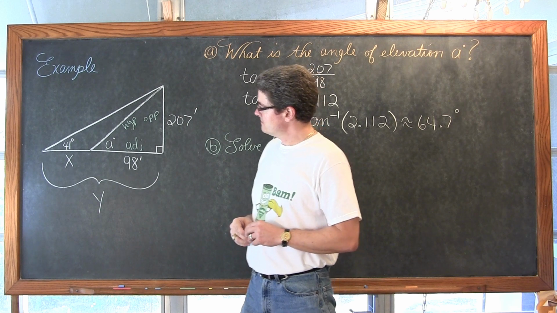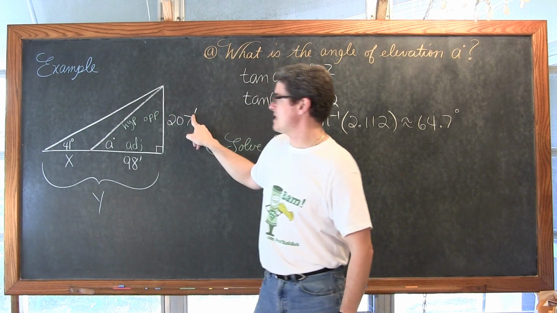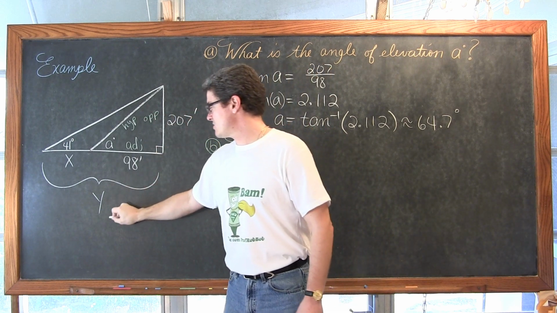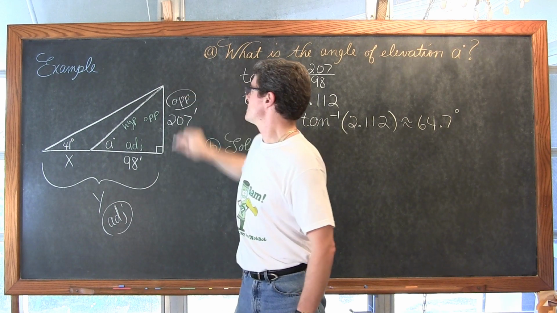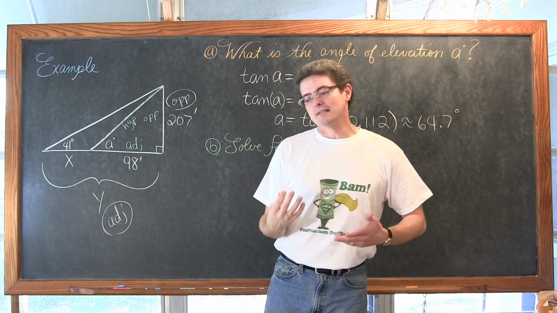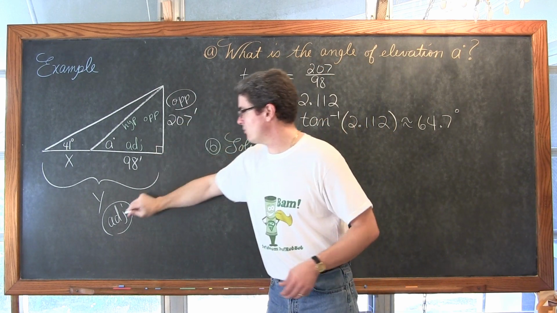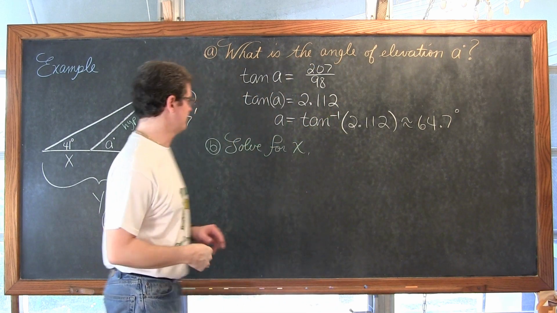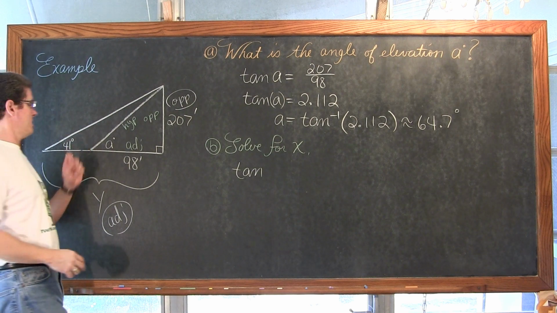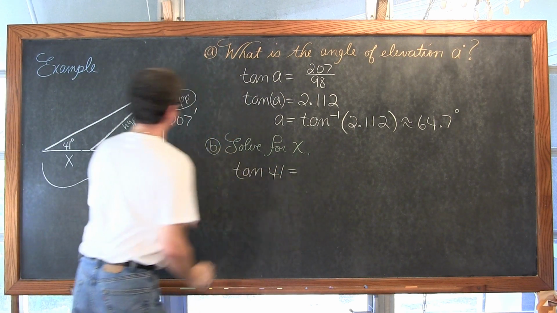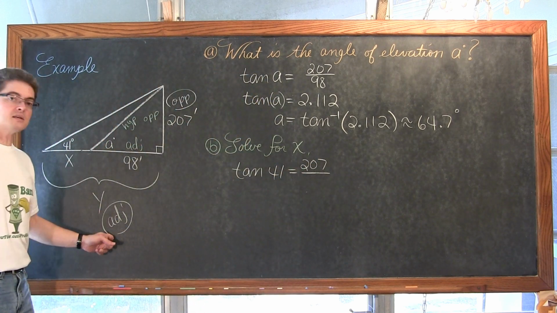Well, it's the same design here from 41. This is the opposite side, and this is the adjacent side. So again, what trig function to use? I guess I should have made too many examples using tangent, but what do you have and what do you want? Opposite, adjacent, tangent. So the tangent of our angle measure of 41 degrees is equal to opposite, which is 207, over the adjacent side of y.